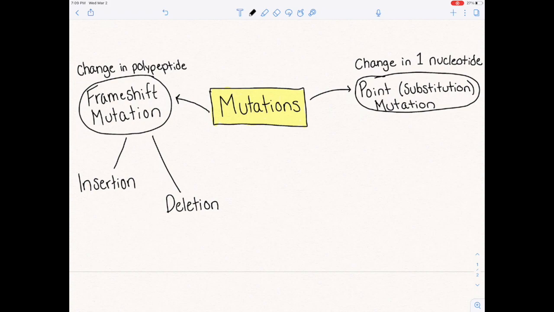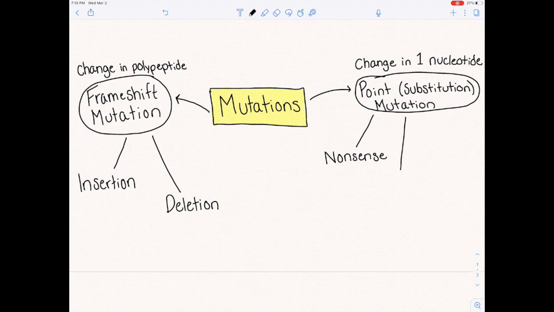For point or substitution mutations, which can sometimes be called non-frameshift mutations, there's three types. The first is nonsense. That means that the one nucleotide change just makes a stop codon come up so quickly when it's not supposed to, and translation is going to stop too soon.